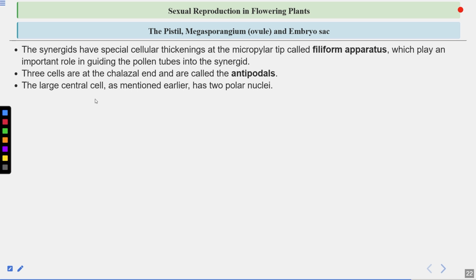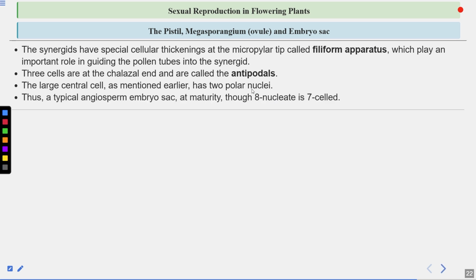The large central cell has the 2 polar nuclei in the center. Thus the typical angiosperm embryo sac at maturity is 8-nucleate and 7-celled.